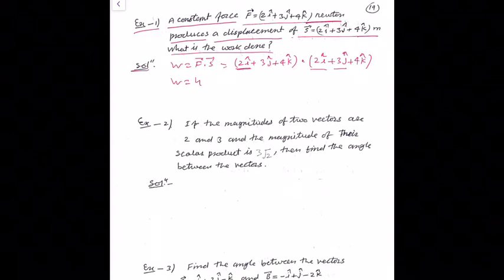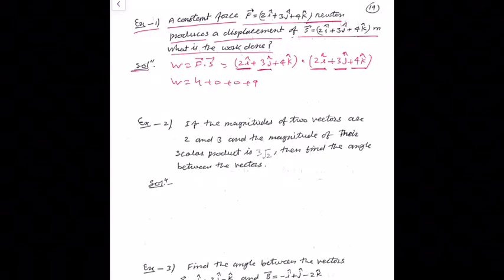So i cap dot j cap 0 plus dot product of 2i cap with 4k cap 0 because i cap dot k cap 0. Next dot product of 3j cap with 2i cap 0, j cap dot i cap 0. Next 3j cap dot 3j cap, j cap dot j cap 1 and 3 3 is 9.